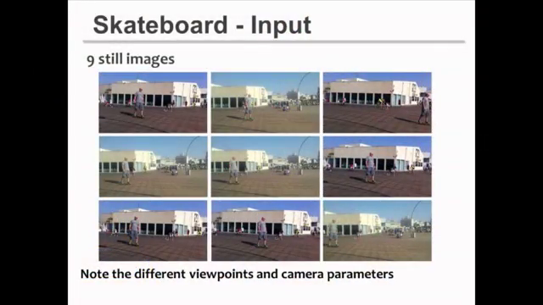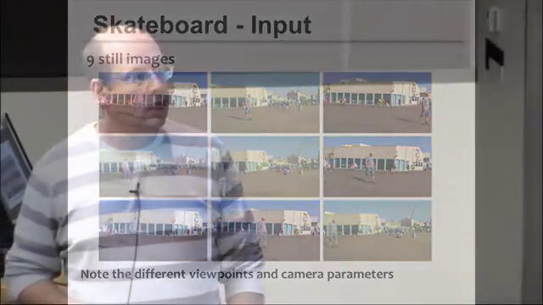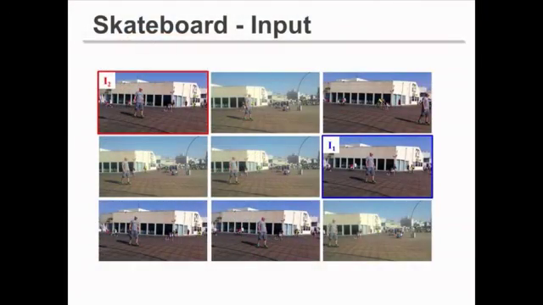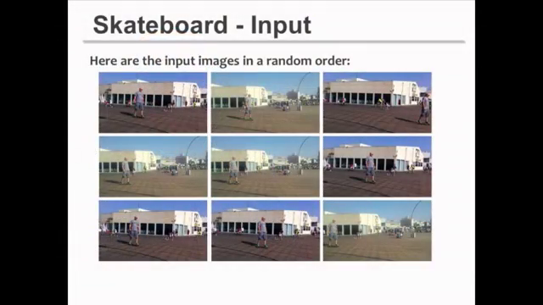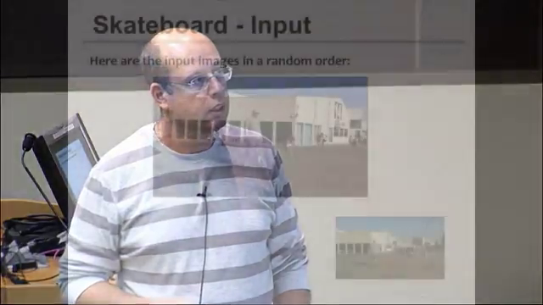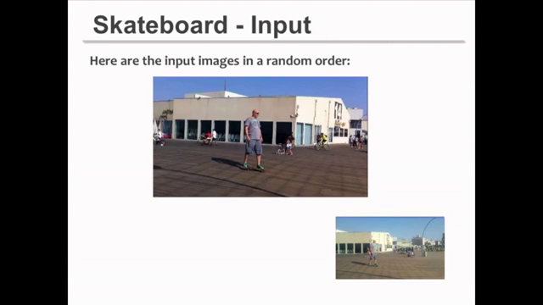Here are some results. Here are 9 images taken, I think, by 2 cameras. In this case, we're using the static image pair assumption. These are the 2 images that are taken by the static camera. And these are results in random order.